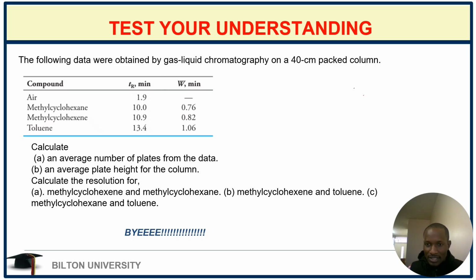We looked at those yesterday. We looked at terms like retention factor, distribution constant, selectivity factor, and also the Van Deemter equation, H is equal to A plus B over U plus CU, and we looked at what each of them means and how they contribute to band broadening and how they affect column efficiency.